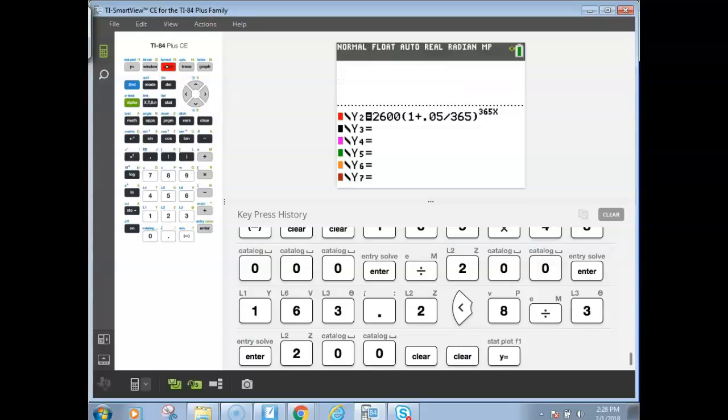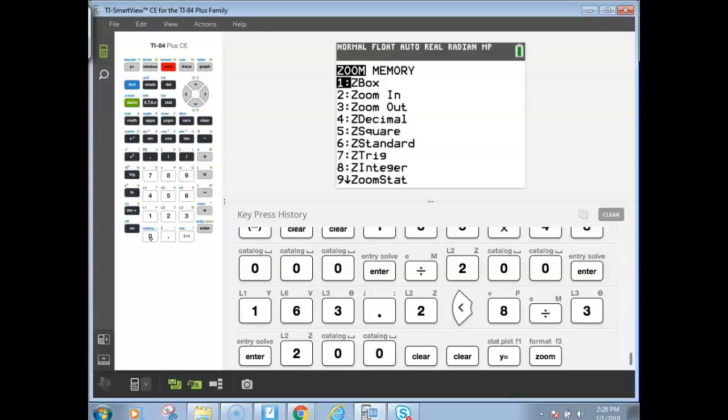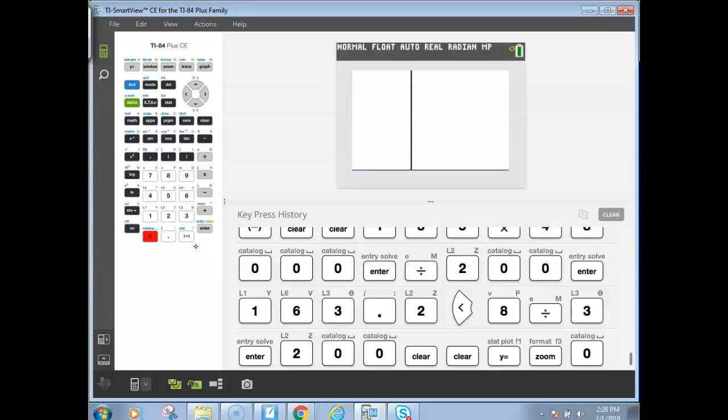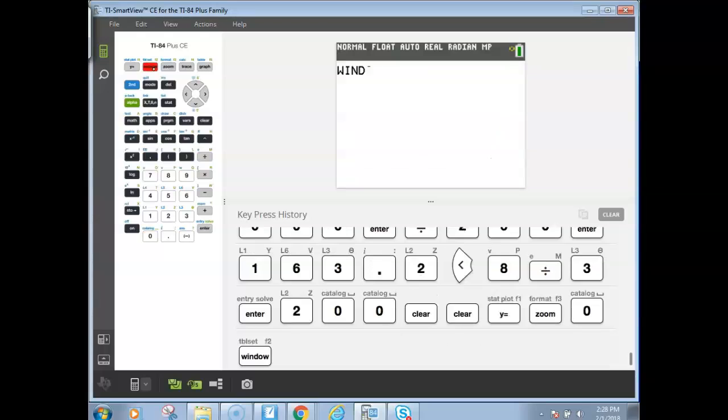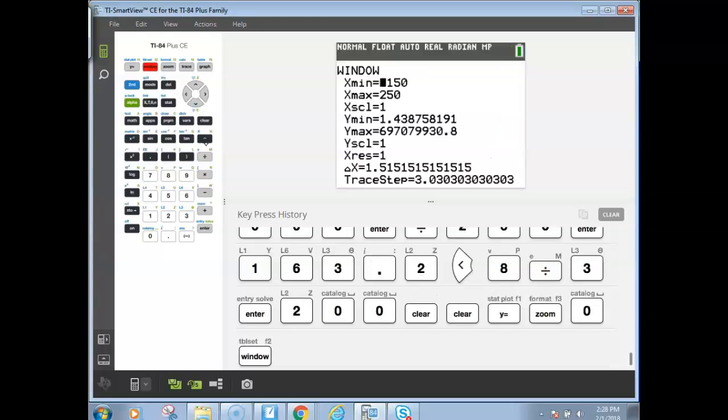Then you would hit zoom 0. And mine is looking kind of cruddy. So I might want to adjust my window because it looks like the intersection happened way down below. And I don't think I need the 0, do you? I'm just going to adjust this a bit.